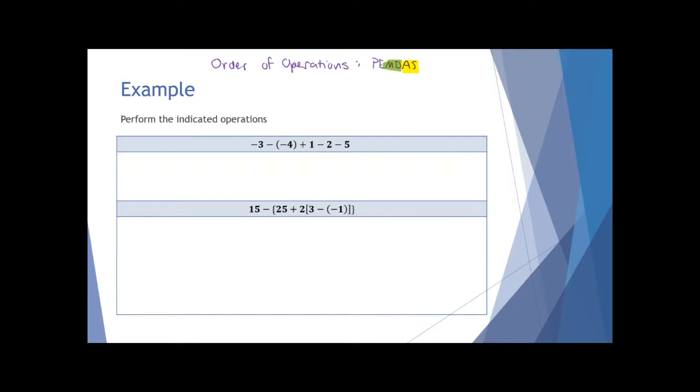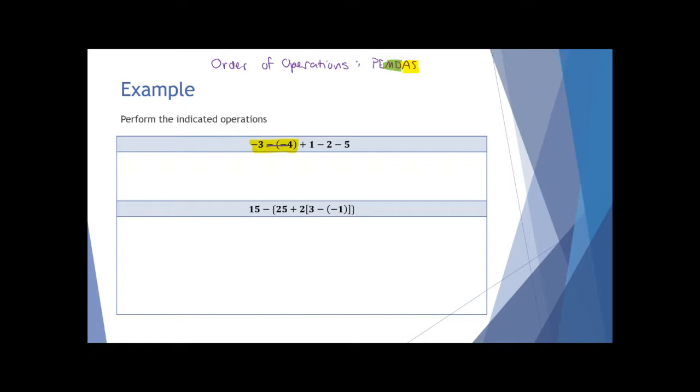So the top one here, the first example, is just addition and subtraction. So we need to go left to right here, regardless of which one comes first. So I'm going to highlight. So we have -3 minus -4. So we need to do that step first. So we're subtracting a negative that turns into a positive.